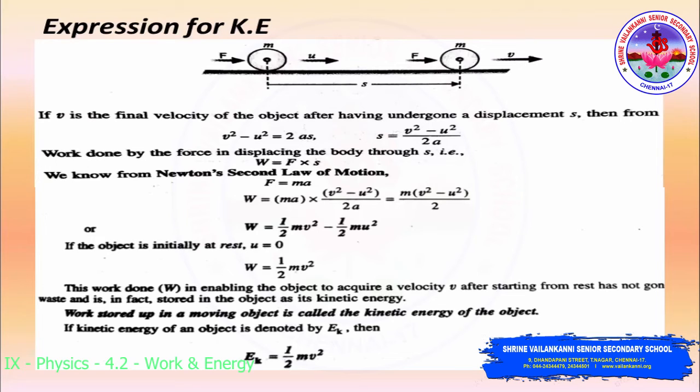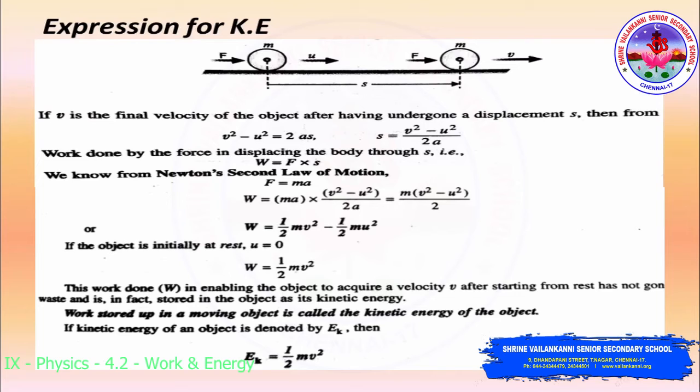Consider an object of mass m moving with an initial velocity u on a perfectly frictionless surface. Let us consider a constant external force F acting on it, producing an acceleration a.